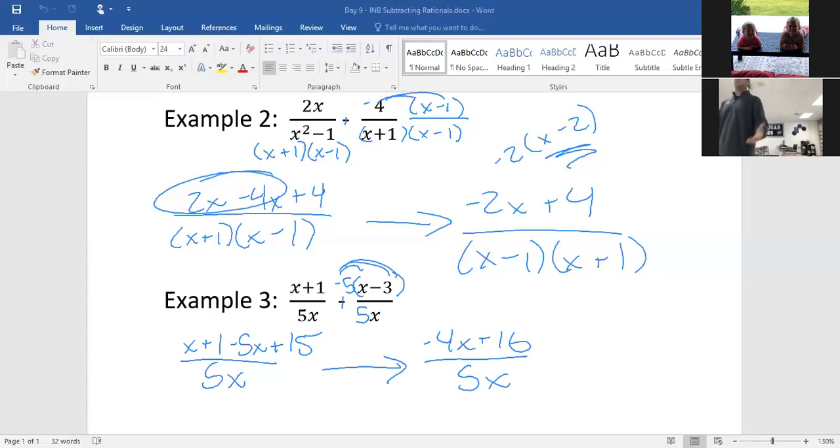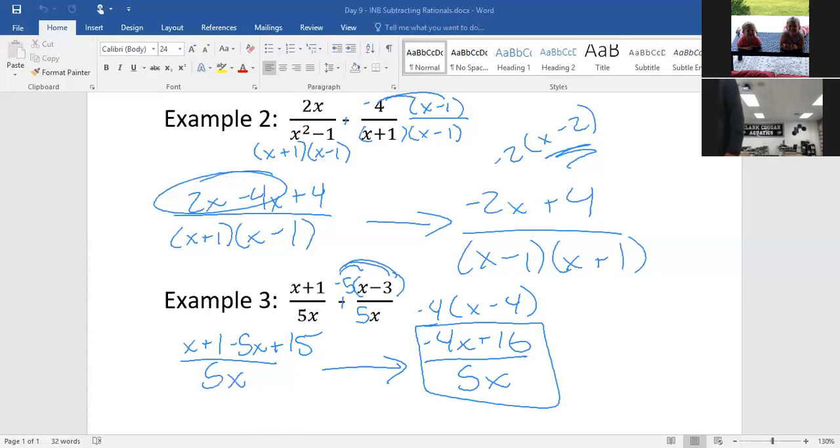This is good enough for me, but in some classes you may see the answer written like this in the numerator. But the negative 4 and the 5 don't reduce in this case, so I'm okay with just that being the answer. Right above it, you can substitute that in for the numerator if you were to factor out the common factor. All right, that's it for the examples on subtracting rationals.